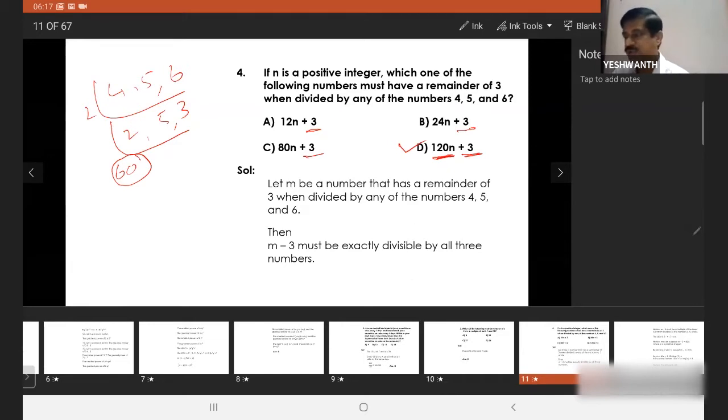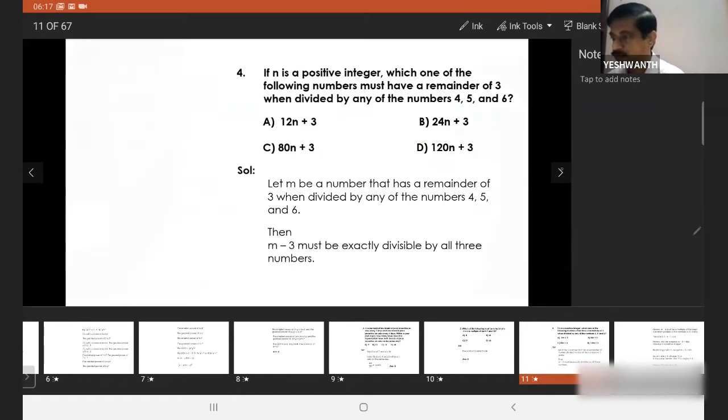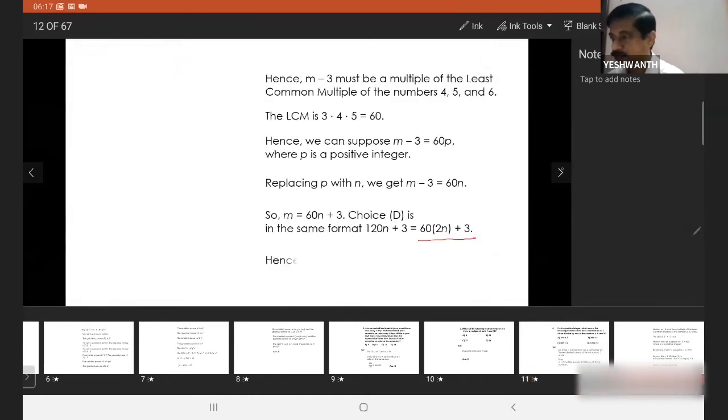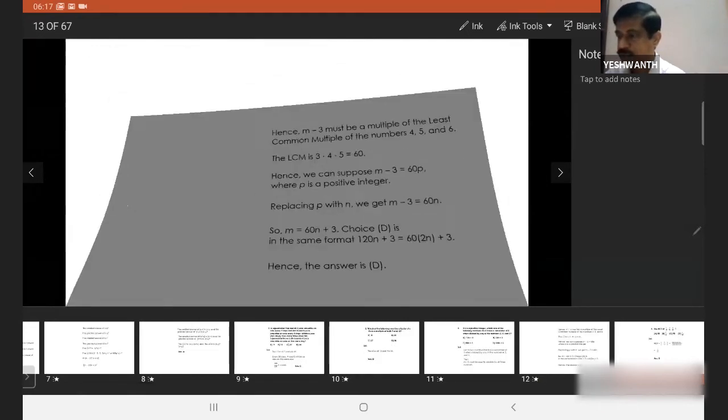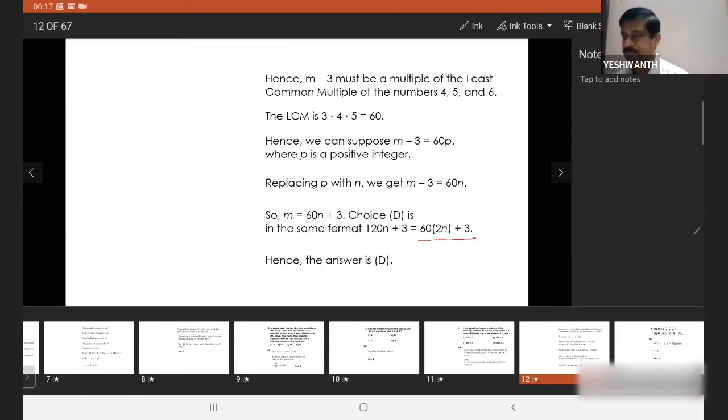You can also note this method. First you copy that, then we'll go for this. Please note this method also.